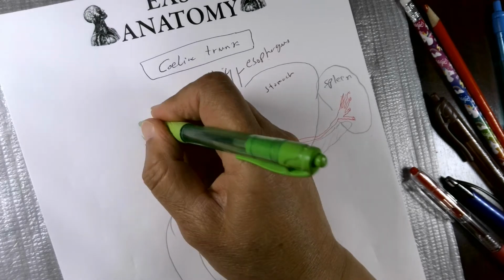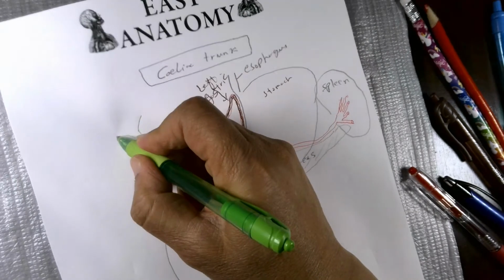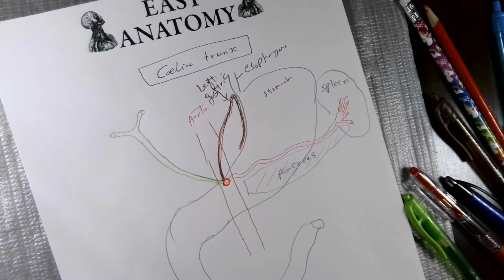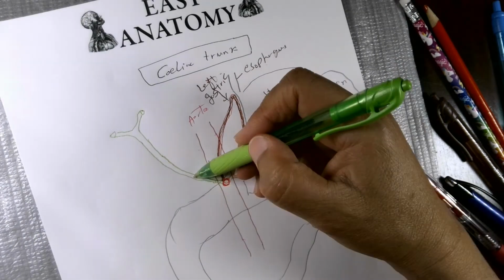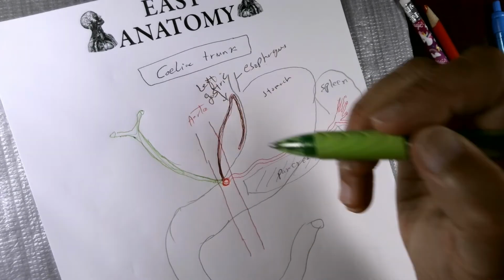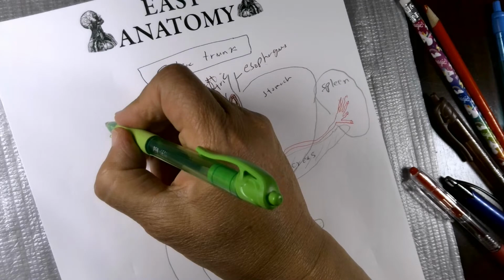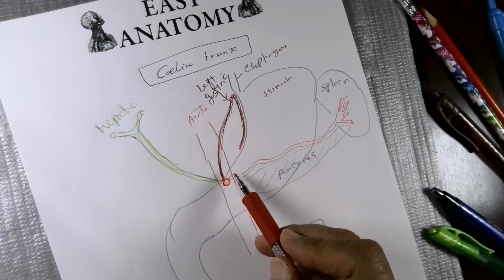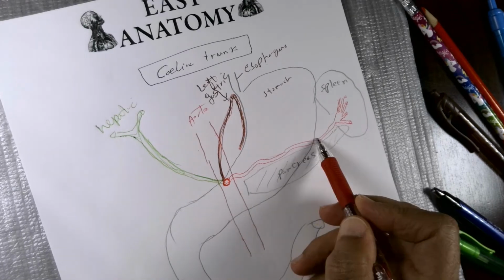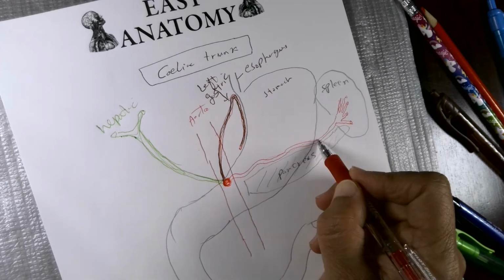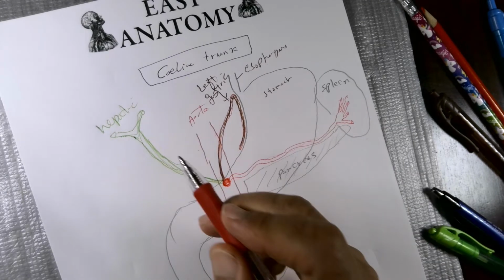And it is going to divide into 2 branches to the liver, right and left branches. So those are the 3 major branches coming from the celiac trunk. So this is the celiac trunk, giving splenic, left gastric, and hepatic.